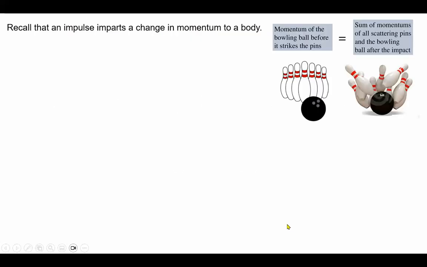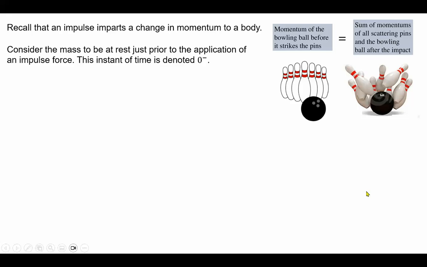Let me remind you what we did in our dynamics class, where the impulse momentum equation was discussed. When you have particles, and assuming that there are no external forces, the linear momentum is conserved.